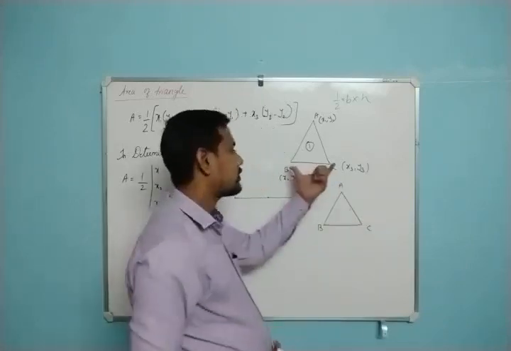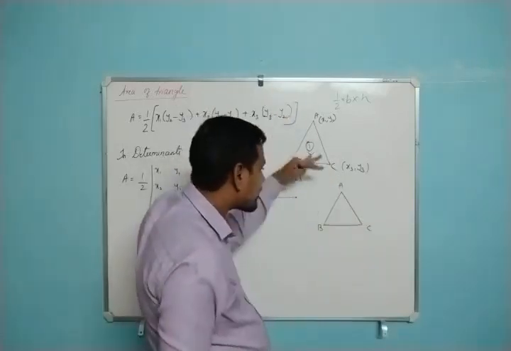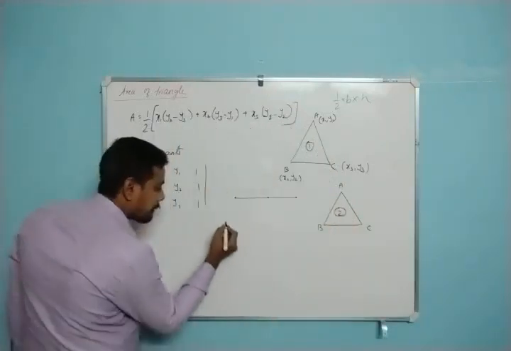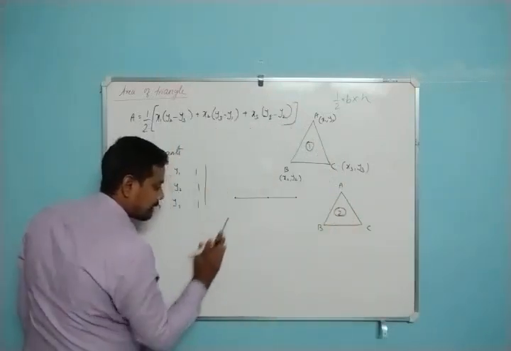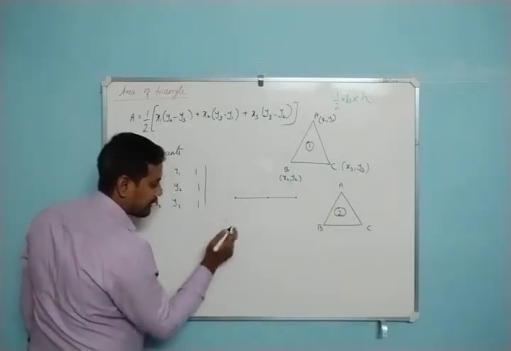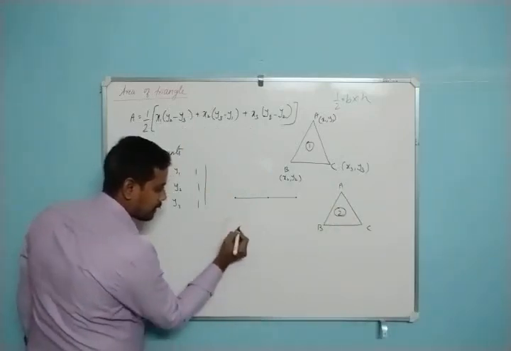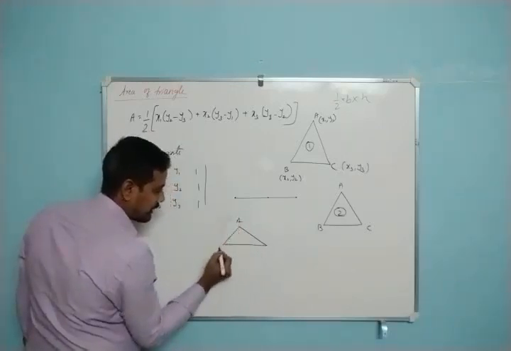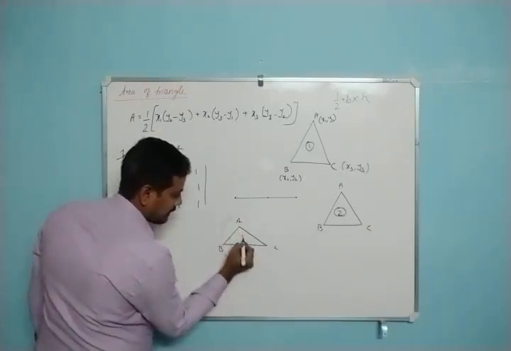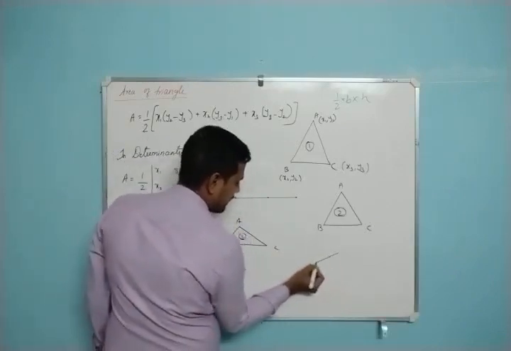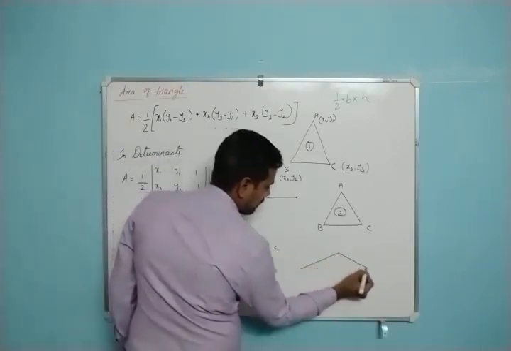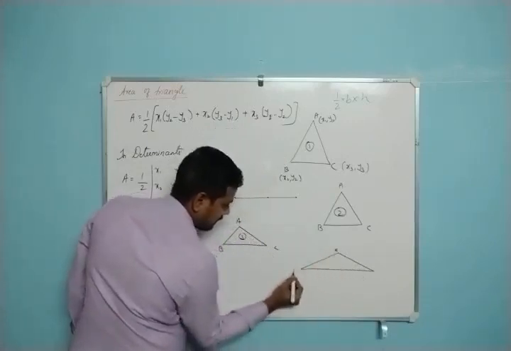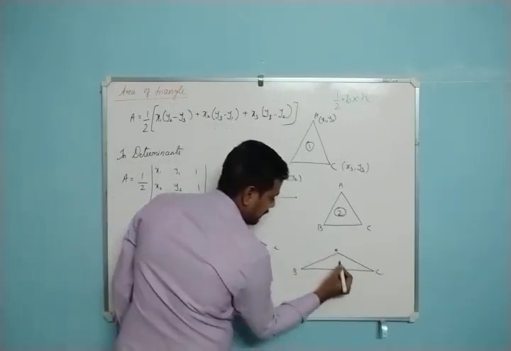Keeping B and C the same way, I'm going to press A inside. It will come this way. Still if I press it down, it will come in this way. This is 3. So still if I press it down, this will look somehow this way.